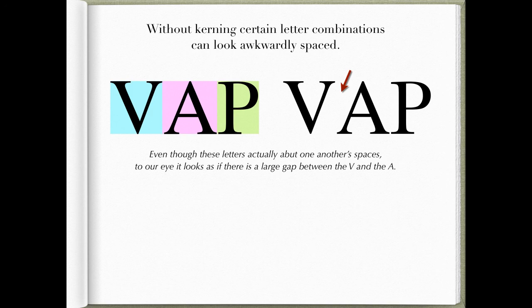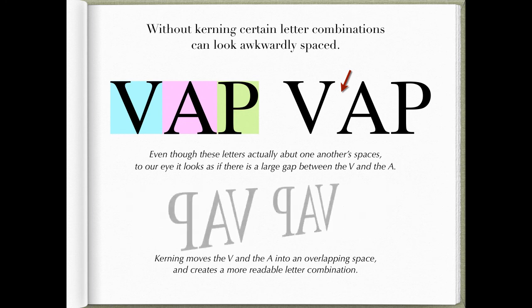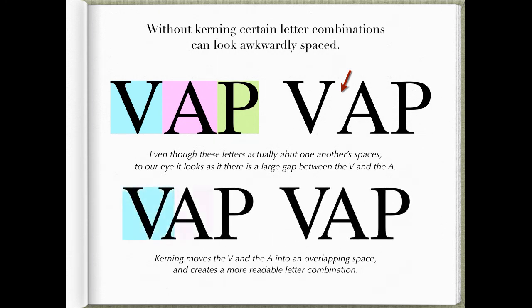To the eye it almost looks like there's 2 separate words there, a V and app as a separate word. So what we do, and usually this is done automatically by most programs, is we kern the letter so it moves closer and there's less negative space.